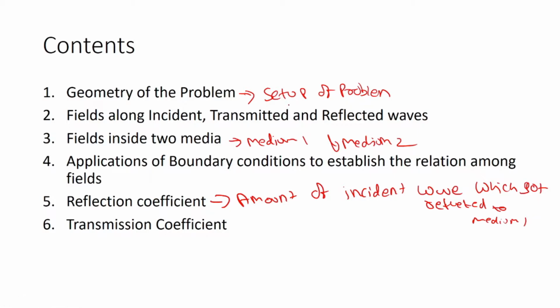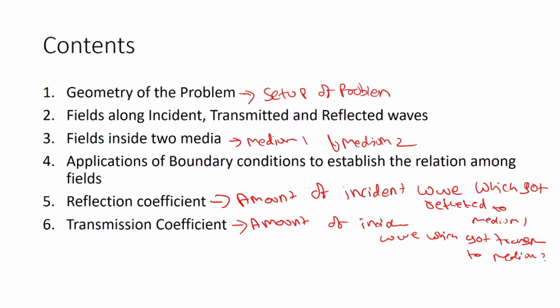And then the transmission coefficient, which tells us the amount of incident wave which got transmitted to medium 2. So our conclusion is the discussion on this reflection coefficient and transmission coefficient.